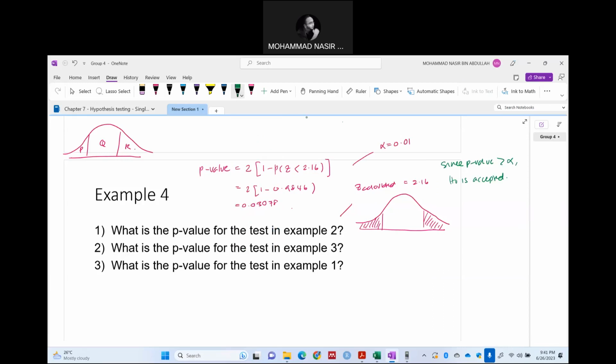So the decision for the p-value approach should be aligned with the critical value approach. Okay, can you understand?